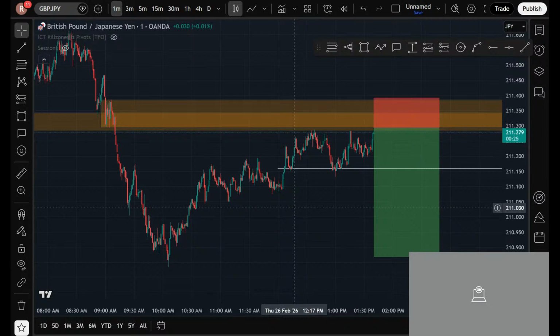I am entering short, guys, here. So what I am about to say is, just wait a second, to 11.425, 11.425 SL.